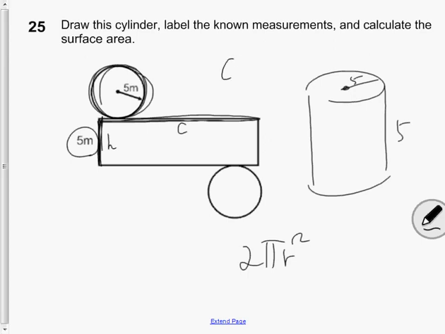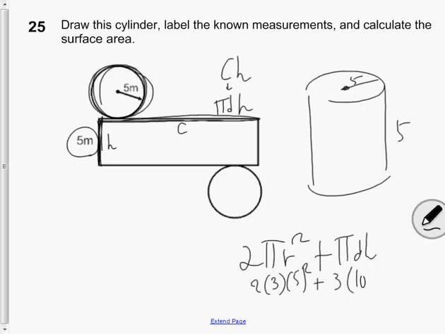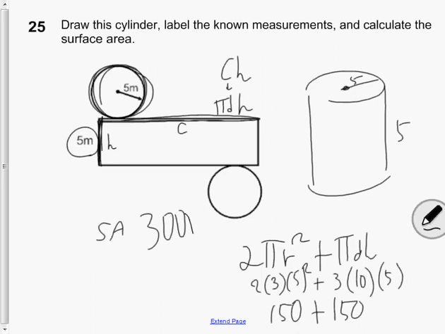So we could say circumference times height, or since circumference is pi times diameter, we're going to say that rectangle has a formula of pi dh, which means 2 times, we use 3, times the radius squared, plus 3 times the diameter, which would be 10, times the height, which is 5. This would be 150 when I work it out, plus 150 here. That means the surface area of the entire cylinder is 300 square meters.